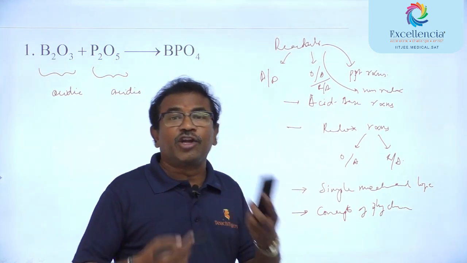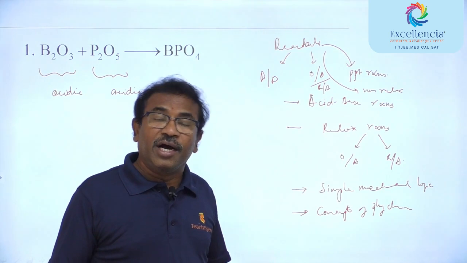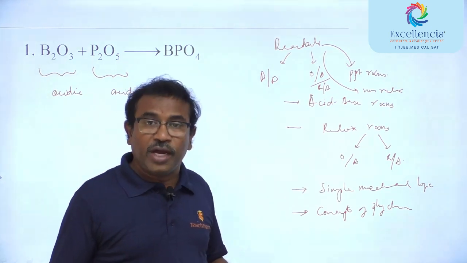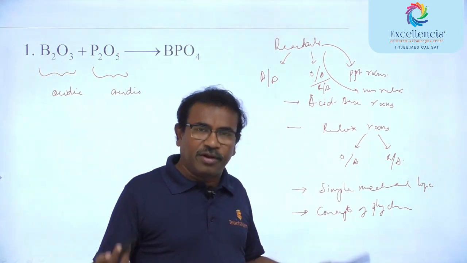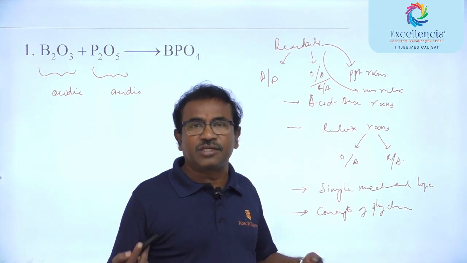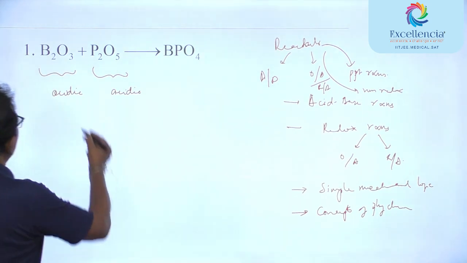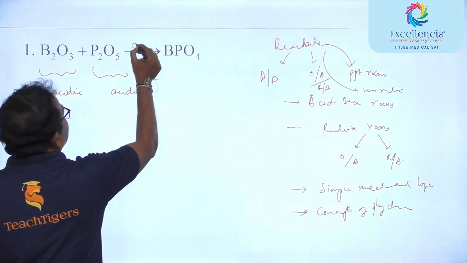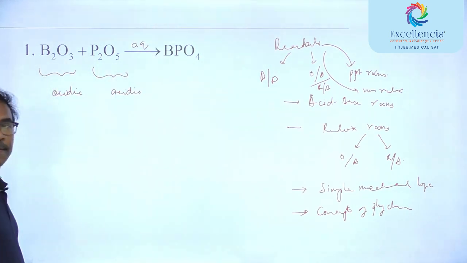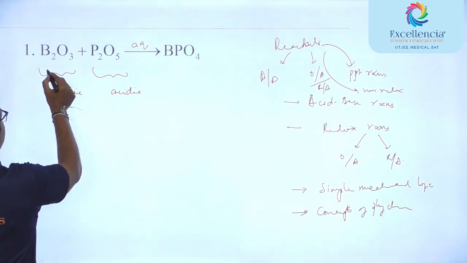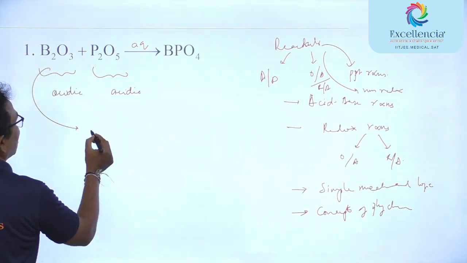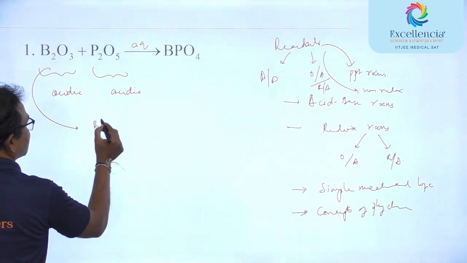And that's how a reaction can happen between two acids also. This is not a common thing, it is rare, but it is seen. So here, guys, boron trioxide, and here definitely this is aqueous phase. We have water. Therefore, boron trioxide is simply the anhydride of boric acid. We know that.